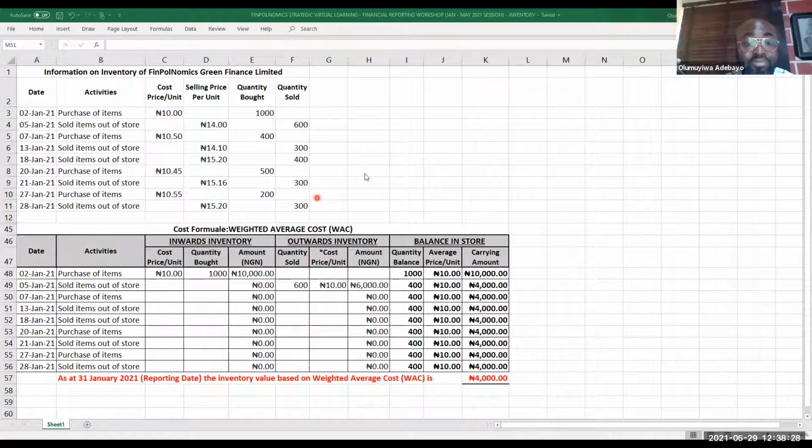Who can give me an example? No one? No idea? Okay, let me give you a clue. Petroleum products. Foodstuff like gari.